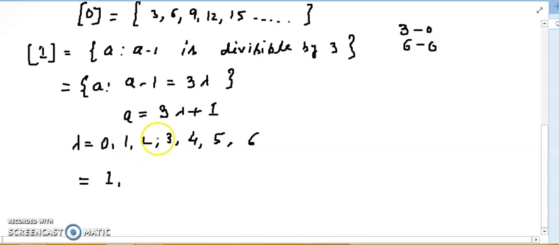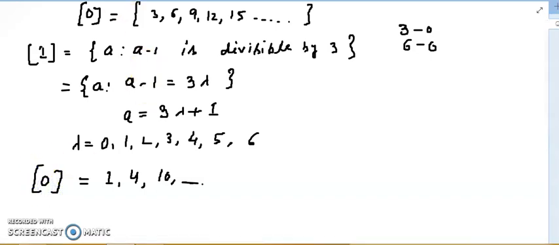If you put lambda equal to 1, the value of a comes out to be 4. If you put lambda equal to 3, 3 times 3 is 9 plus 1, it is 10, and so on. So this is the equivalence class for 1.